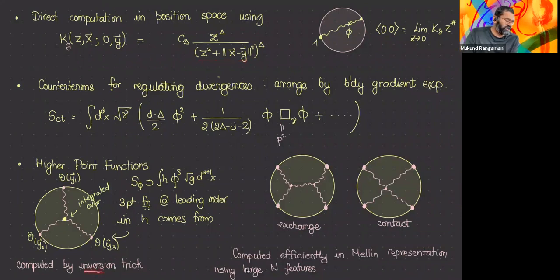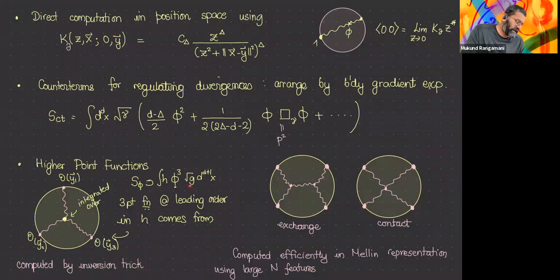They use the conformal inversion trick to pull out the leading boundary powers and then do the integral by Feynman parameters. Okay. So this calculation can be done. And in principle, one can compute higher point functions the same way at various orders.